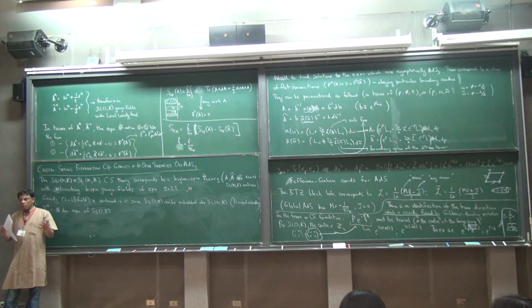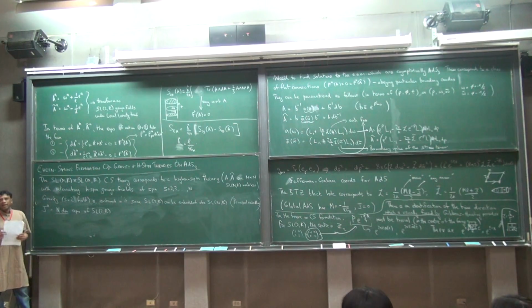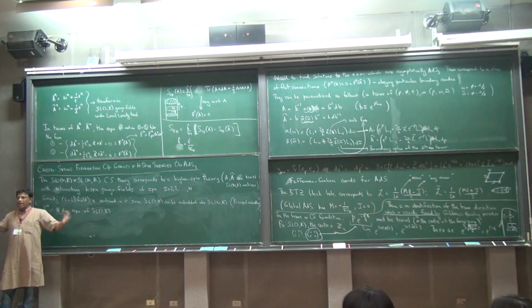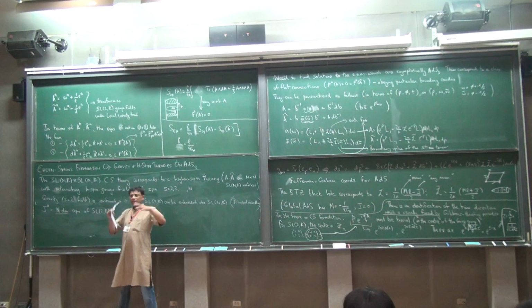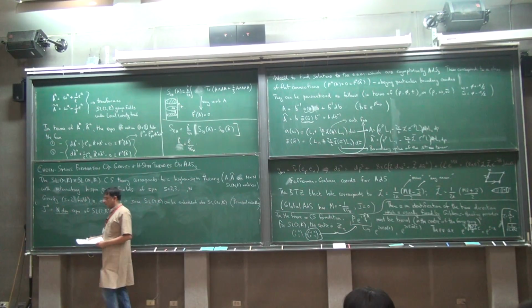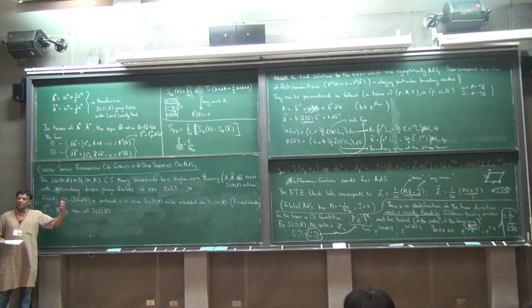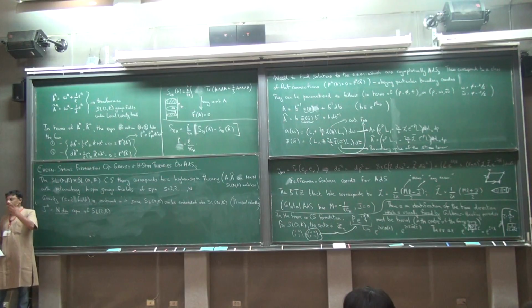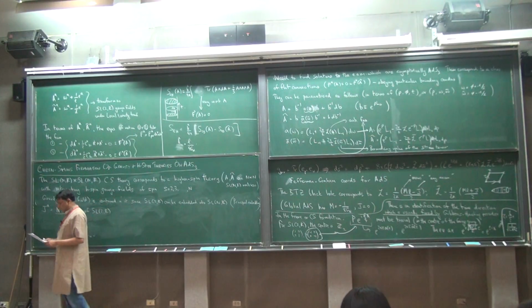So for any integer n, you have an n by n representation of the SO(3). You write down in your quantum mechanics class, say for the spin 1, some Jx, Jy, Jz, which are 3 by 3 matrices, and you could go on to write 4 by 4 and so on.